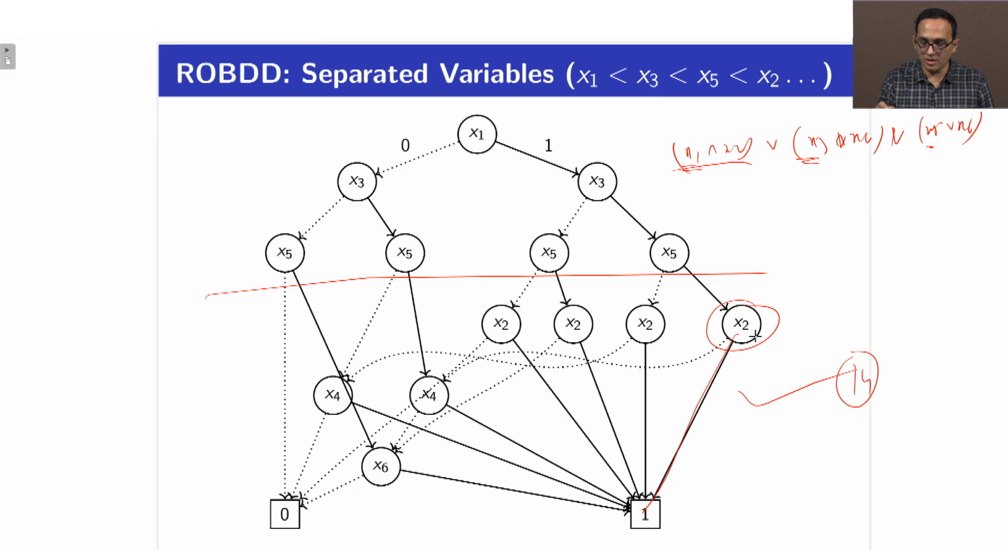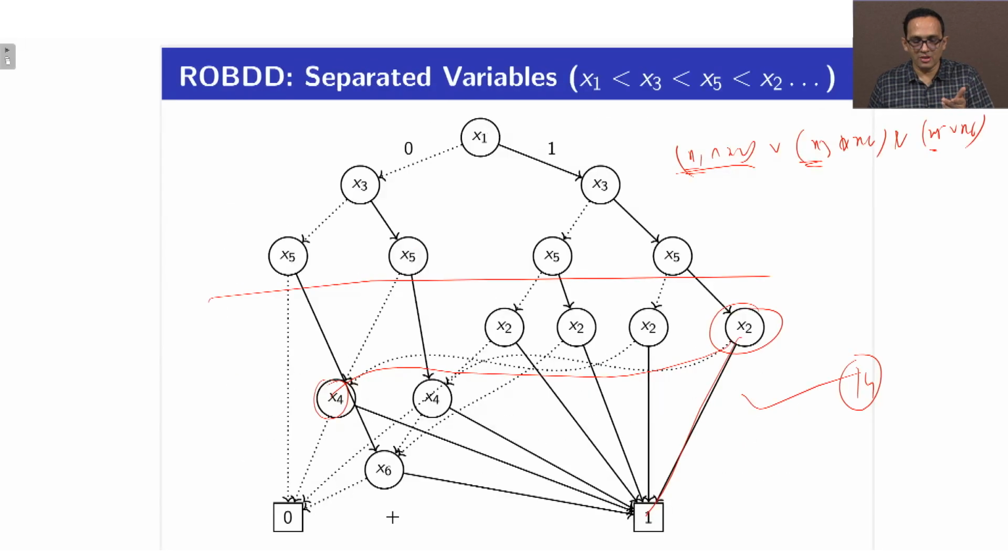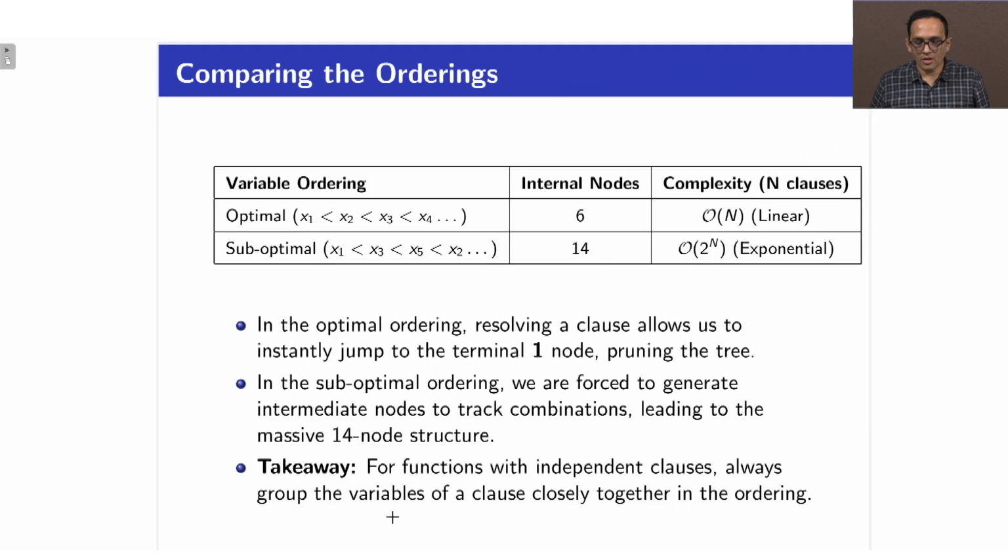If it is 0 I have to consider x4, and if it is 0 then I have to consider x6. This is how the BDD size is growing, because you cannot take any decision until you go lower in the order. Hence you have to keep all possible options open. In this case I have shown you that one order has 6 nodes and this has 14 nodes.